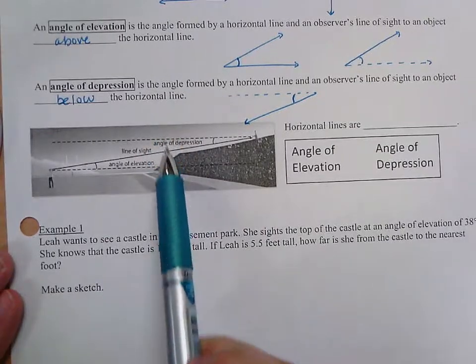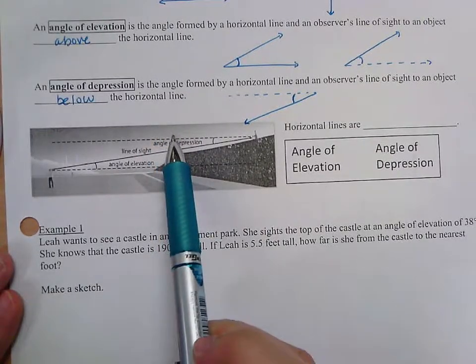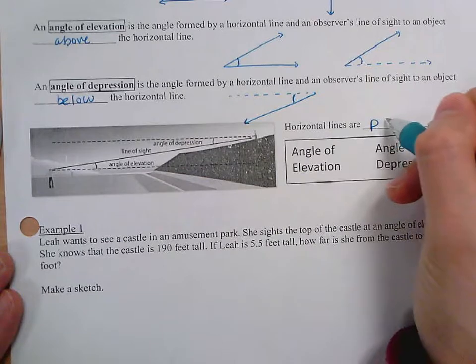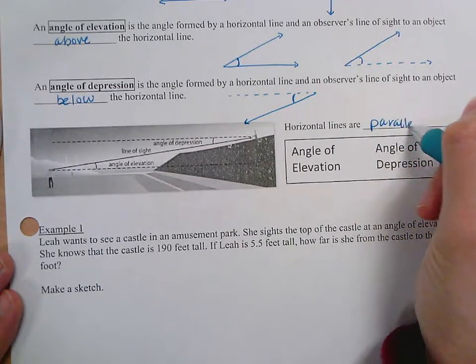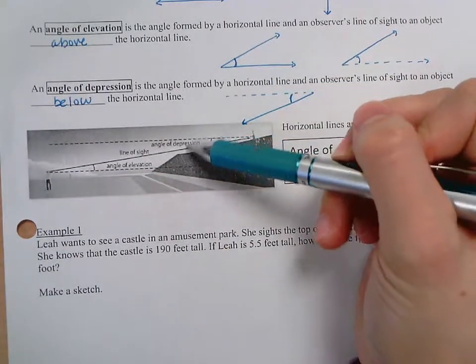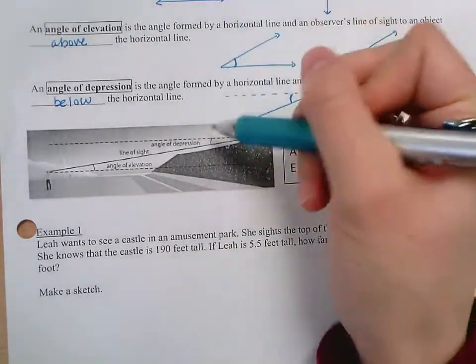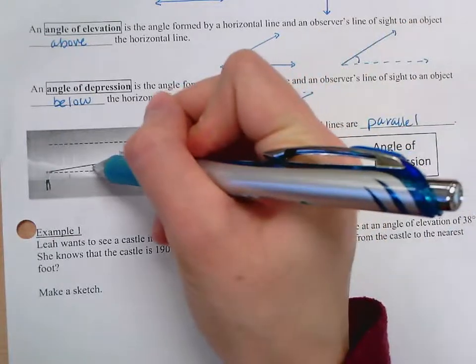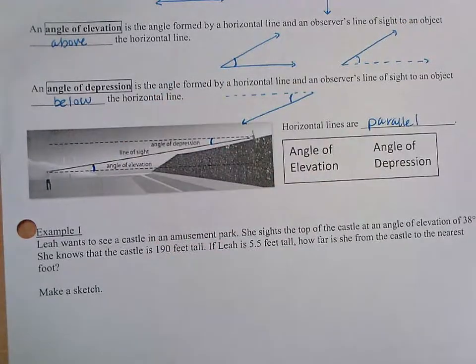But horizontal lines, these two dashed lines here, horizontal lines are parallel. So we had talked about this briefly in one problem that was on an assignment, one of the problems on the backboard. If these two lines are parallel, these two angles are equal.